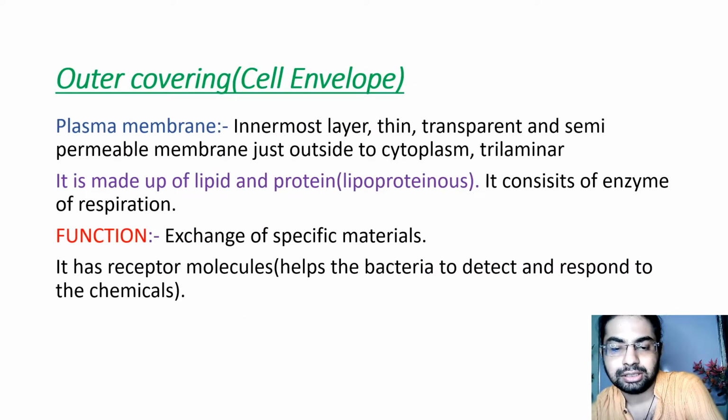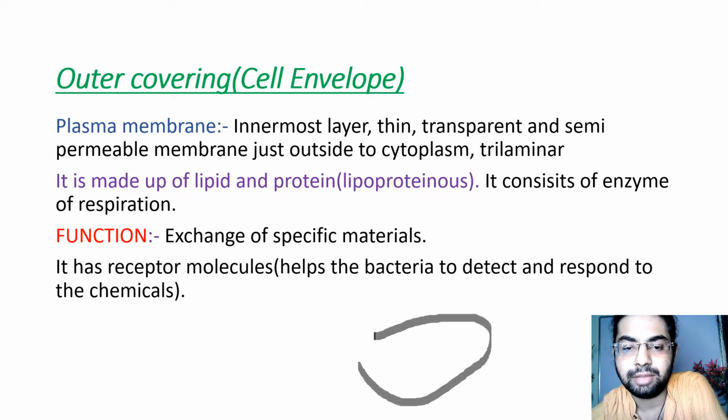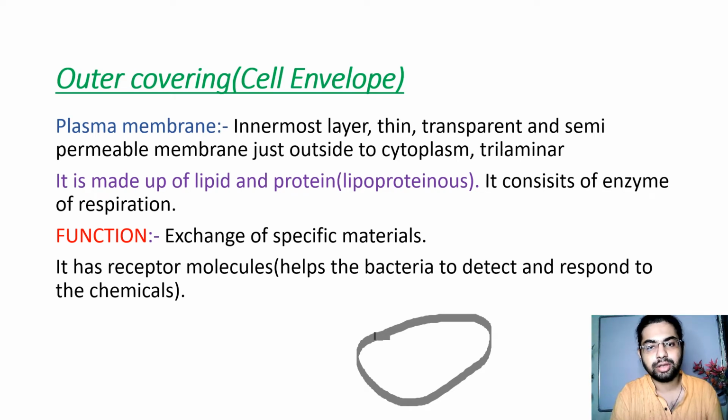Now the last layer of the cell envelope, which is the plasma membrane. Let me discuss. If this is the bacteria, so if this is the cell, as I mentioned, the outside covering of the cell is the cell envelope.